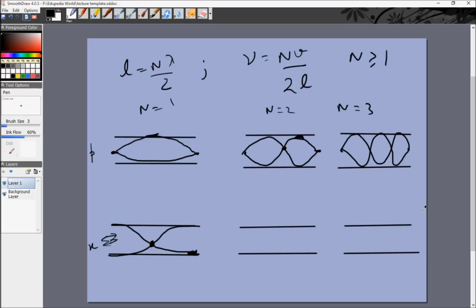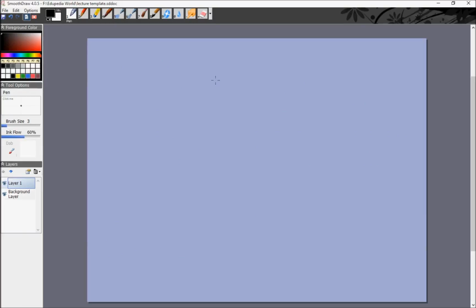Let's look at the closed organ pipe now. Right. So this is the closed organ pipe. Let's say length is L. Sound waves go in, then they are reflected and come back. So the total phase difference, first of all, will be 2 pi by lambda times 2L.